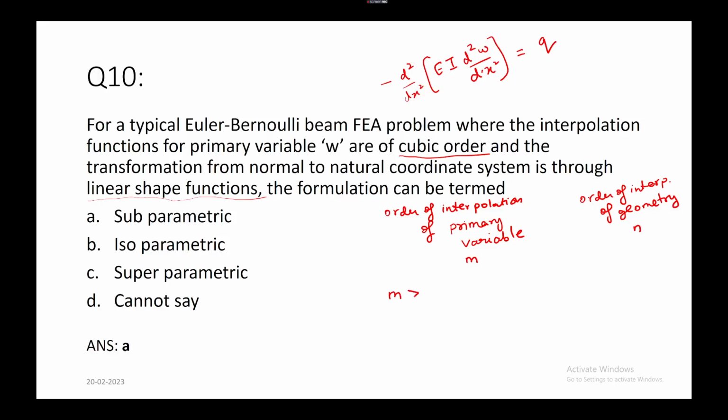So if m is greater than n, this could be subparametric. If m is equal to n, this is isoparametric. If m is less than n, this is superparametric.